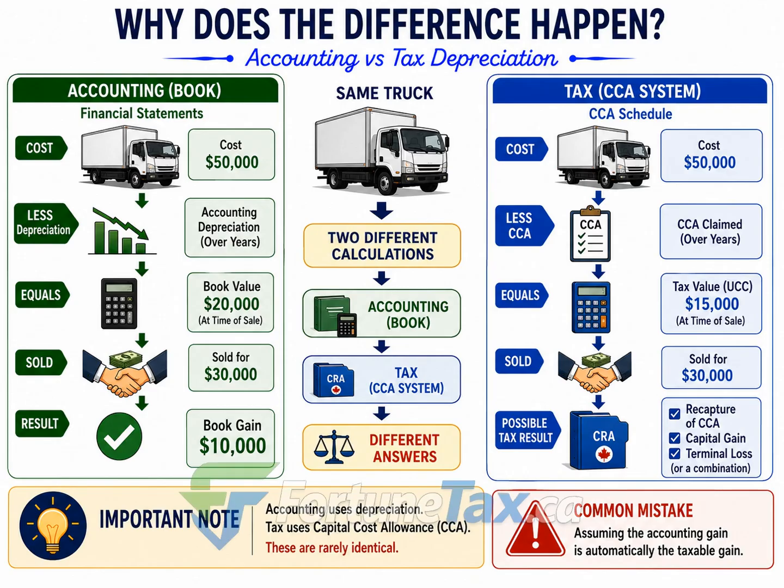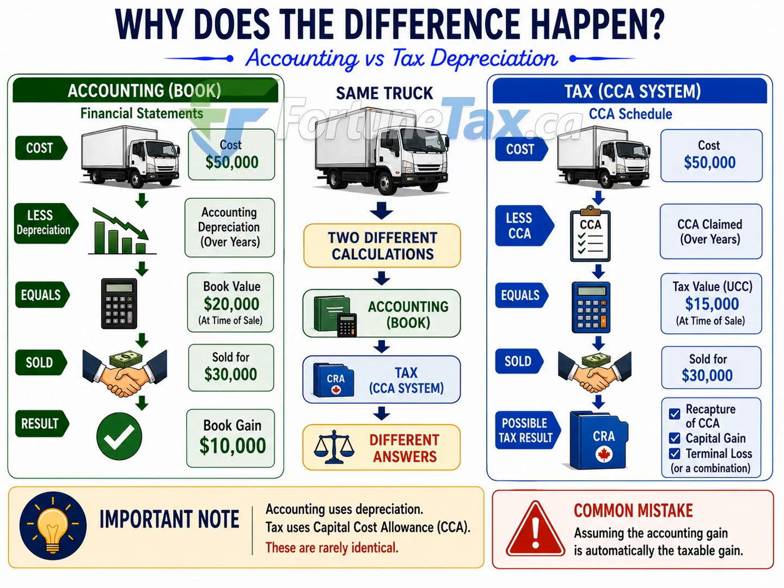For example, while the accounting records show a book value of $20,000, the tax records might show a UCC of only $15,000. Even though it's the exact same truck sold for the exact same selling price, the tax calculation may produce a completely different result.